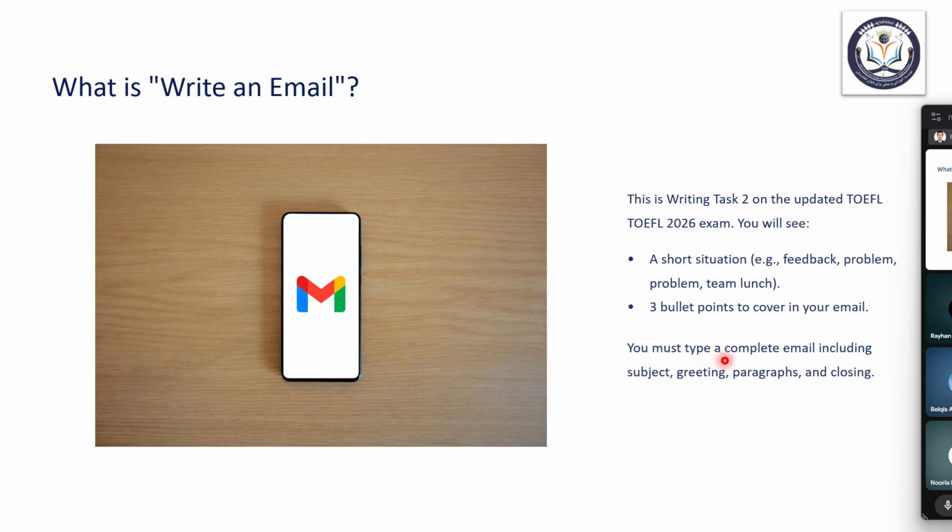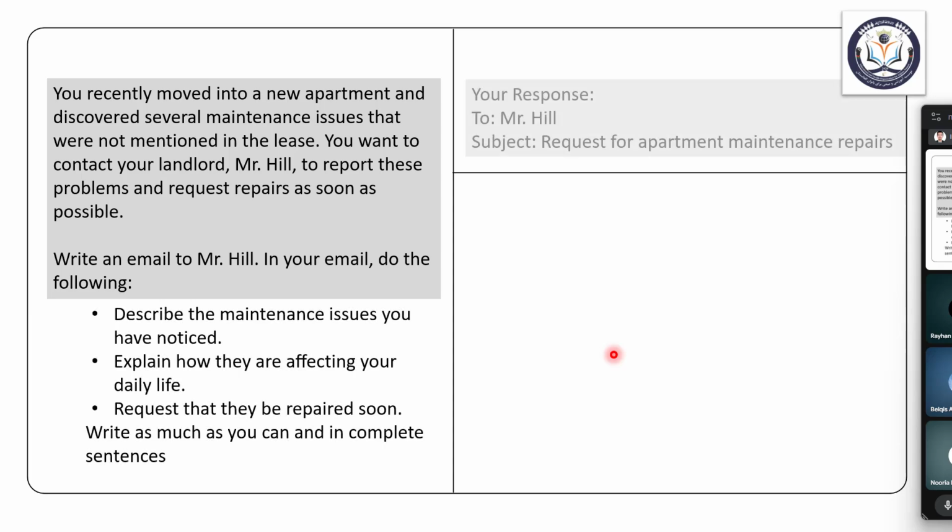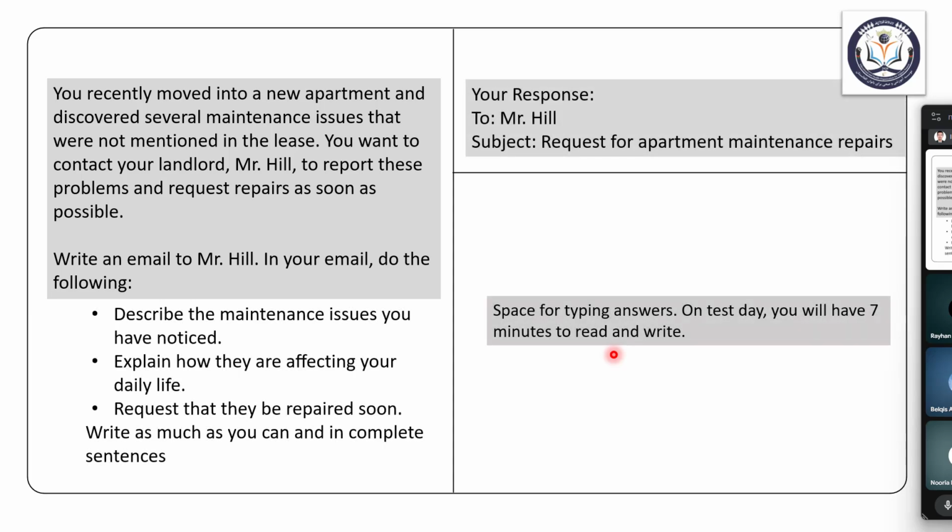So we must type a complete email that includes a subject, the greeting, the paragraphs that it has, and the closing sentences that we might write at the end. So this is the overall structure of the email we have on the test. Now let's dive into a sample of the email that we can see on the screen.